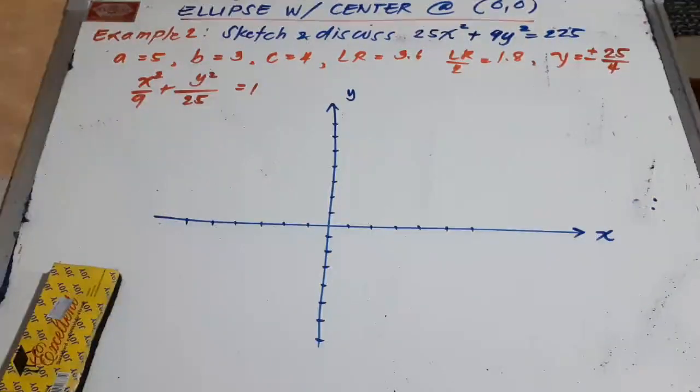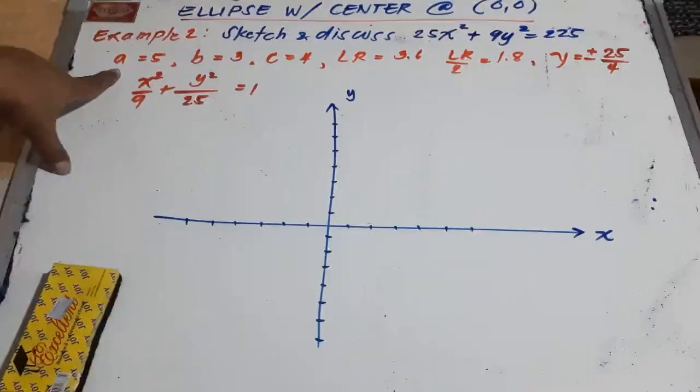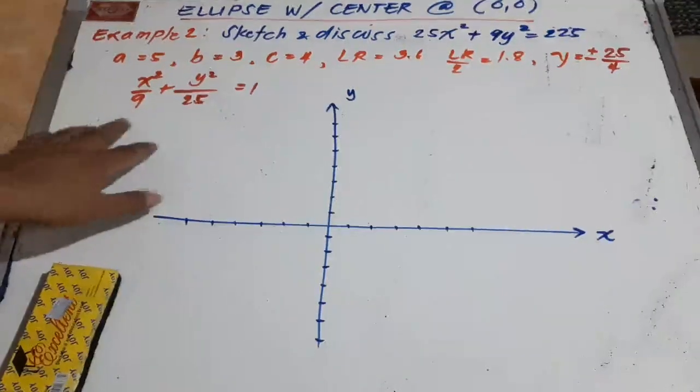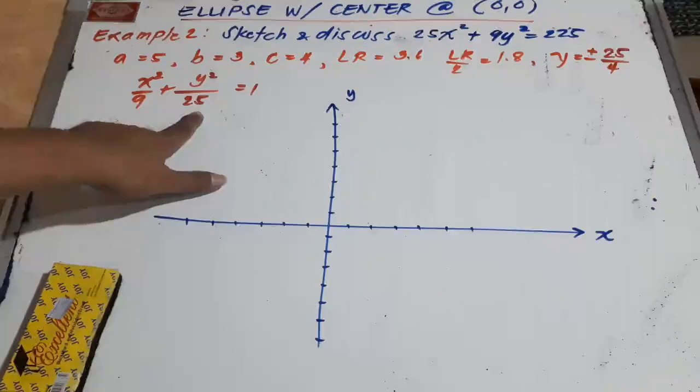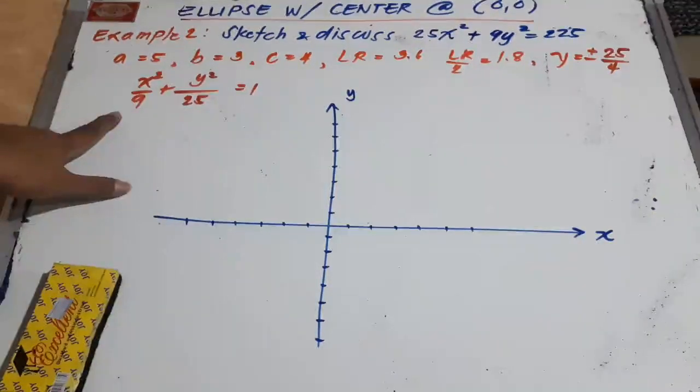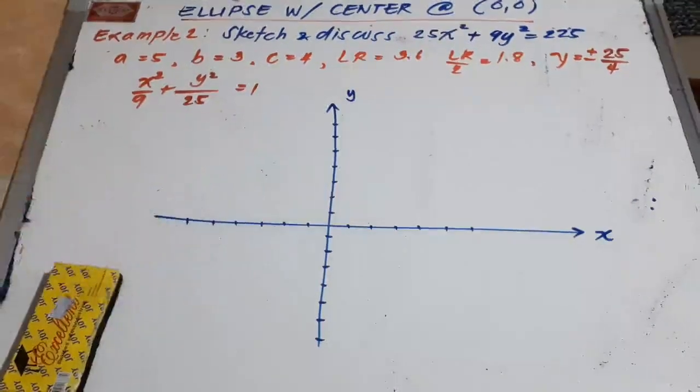Okay? Alam natin na ang distance of the vertex from the center is always equals to 5. Yun yung ating semi-major axis. And since mas malaki yung denominator ng y squared kesa sa denominator ng x squared, lumalabas yung ating ellipse vertical. Meaning, yung major axis is located on the y-axis.